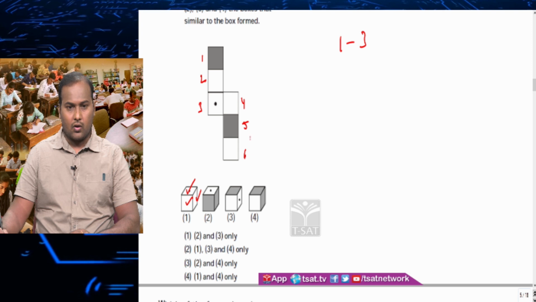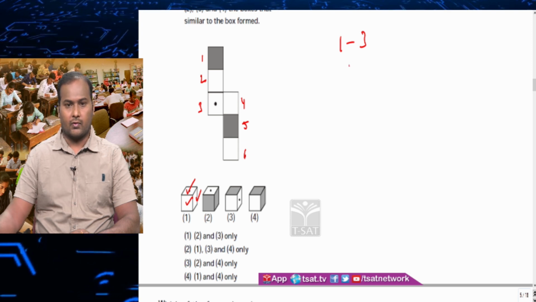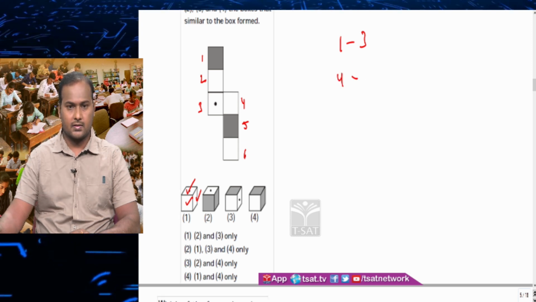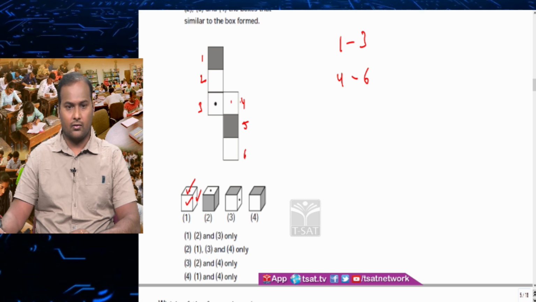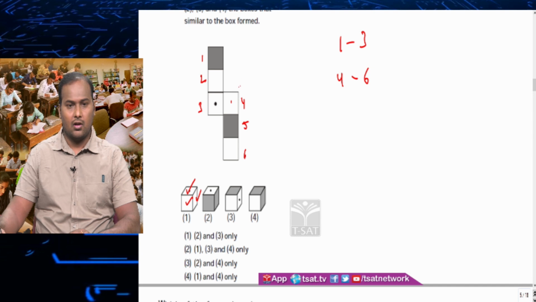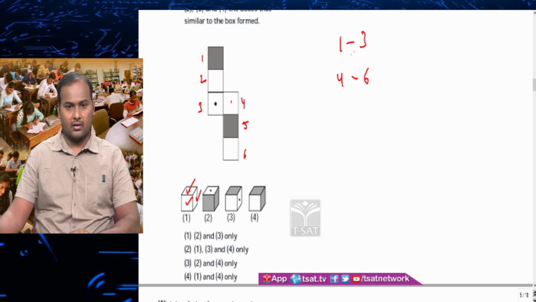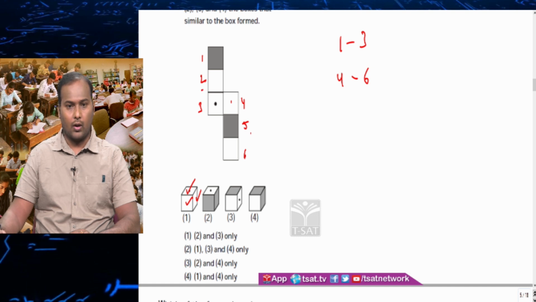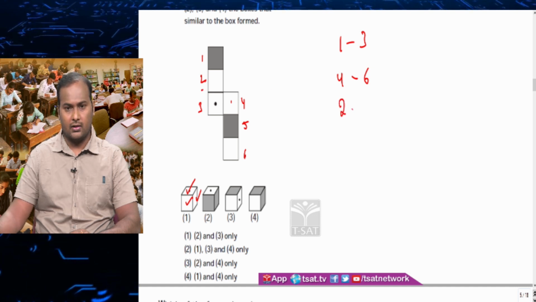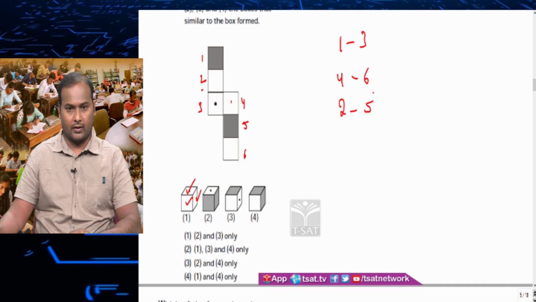Now between 4 and 6 only 5 is present. So 4 opposite is 6, because between 4 and 6 there is only 5. Now 1 opposite 3, 4 opposite 6. The remaining is only 2 and 5. So obviously 2 opposite will be 5.